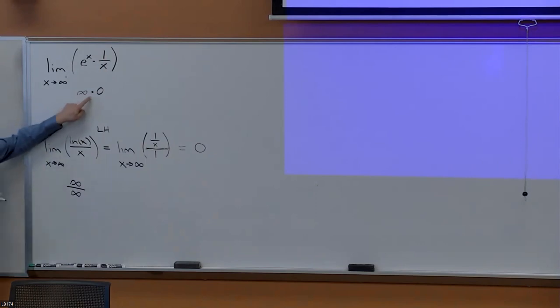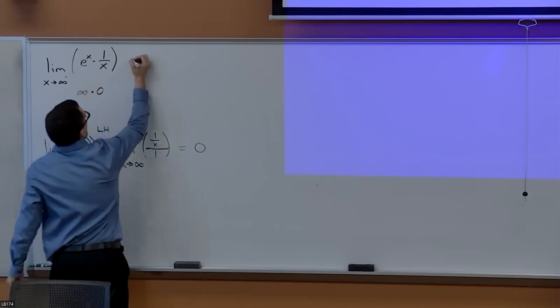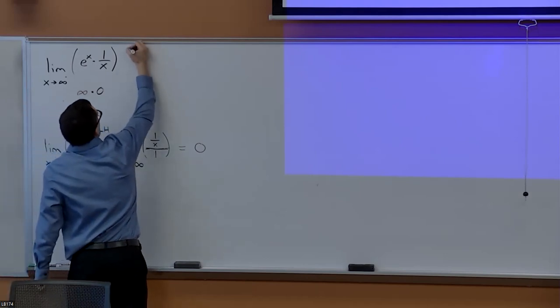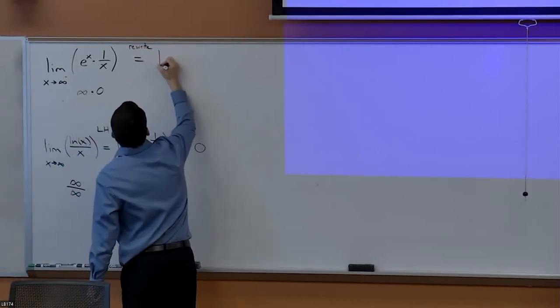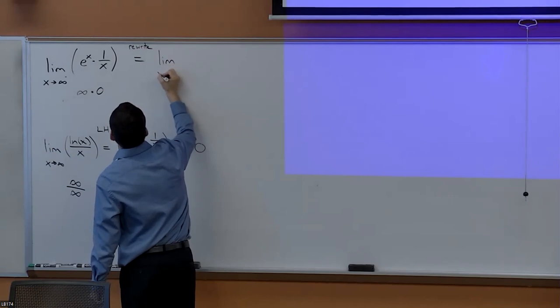This indeterminate form usually is pretty easy to manipulate and rewrite into a L'Hopital's rule type indeterminate form, 0 over 0 or infinity over infinity. So let me do that. If you get infinity times 0, we just rewrite that.